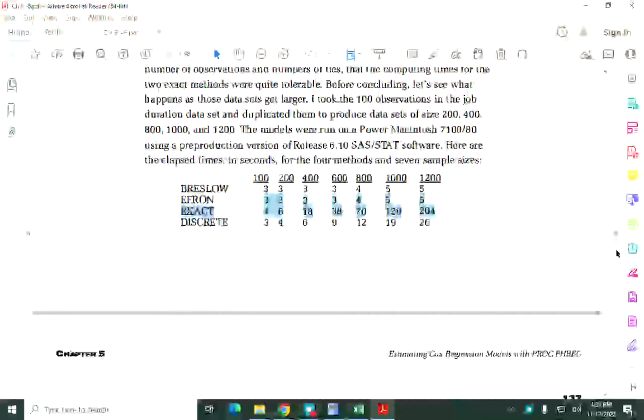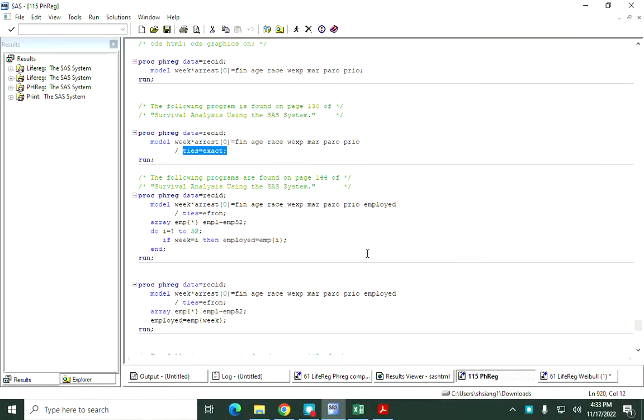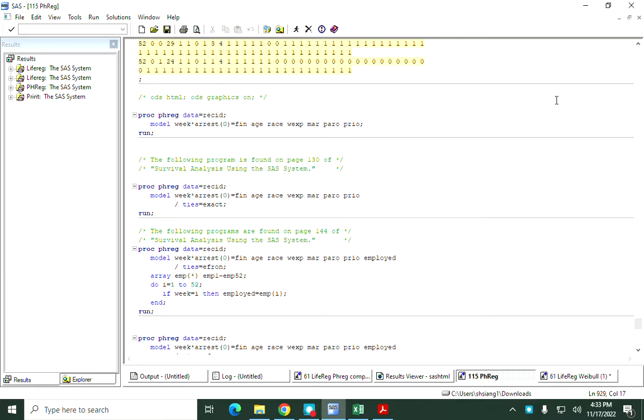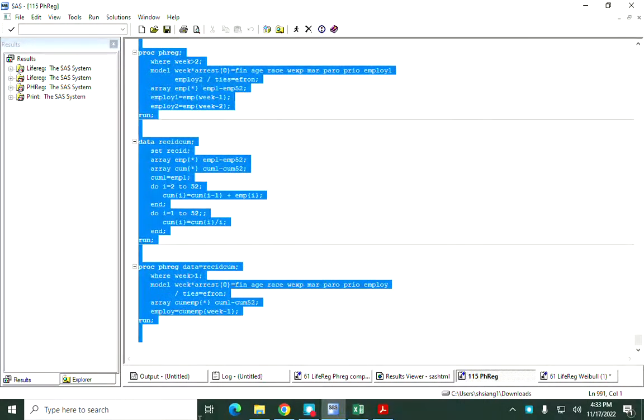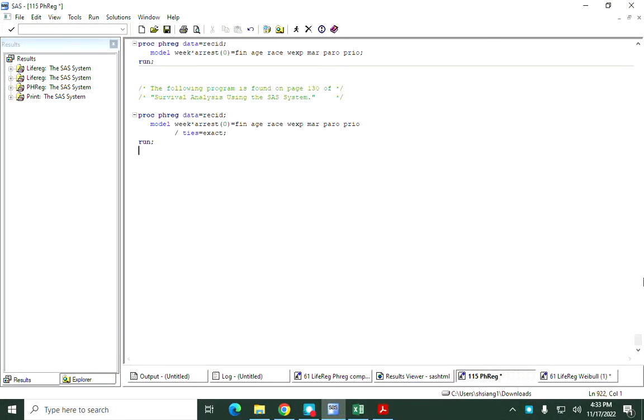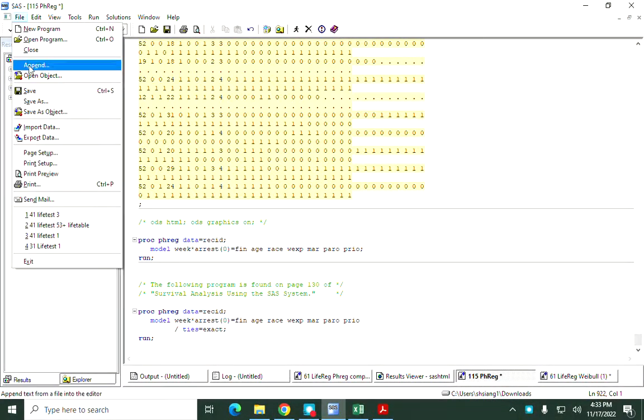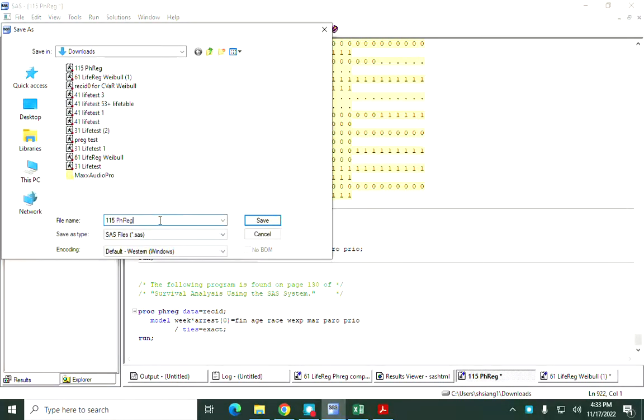My computer is pretty quick too, but what I'd like to show you is the example here. Okay, I'll just do the tied data. Save as tied data.